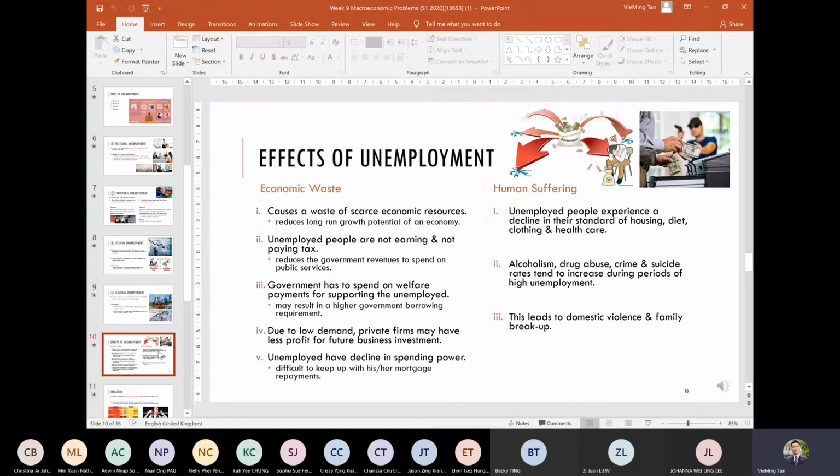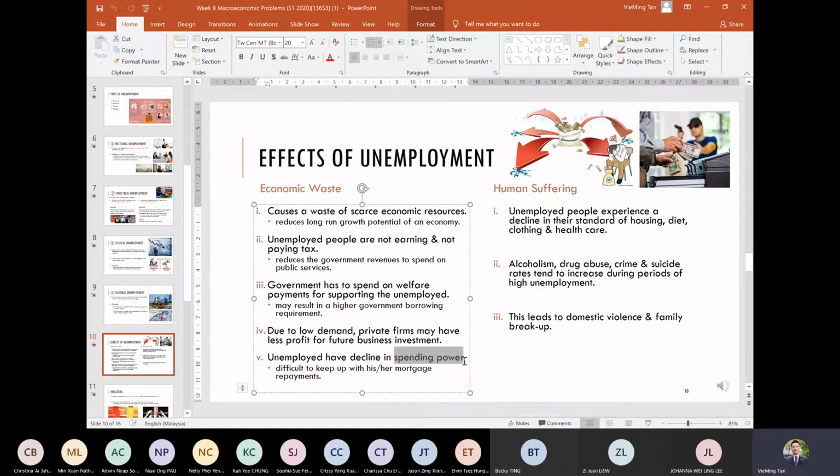If unemployment is too high, let's say more than 6%, then most of the people lose their jobs, and this will reduce the purchasing power or spending power of the nation. Some of them may not be able to pay for their mortgage and also their car loan.